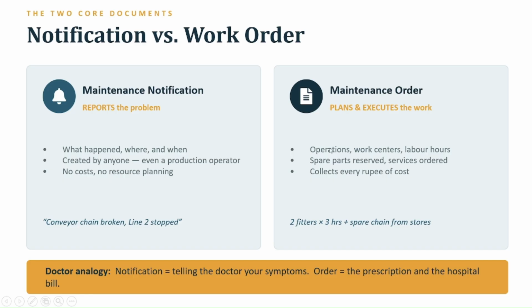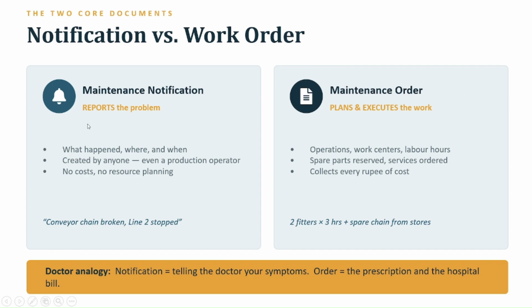In the maintenance order, we plan the execution and execute the order, capture the hours, capture the cost, and do the maintenance activity. So operations, work center, labor hours, and spare parts, if we replace or add any spare part, service order, and cost capture, all this we do in the maintenance order.